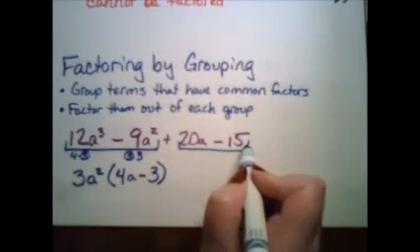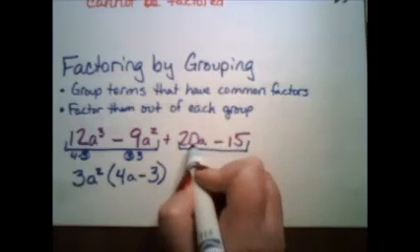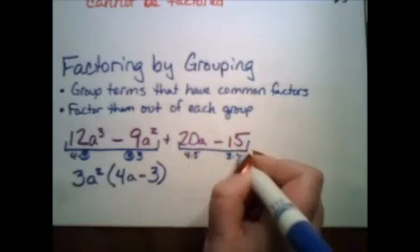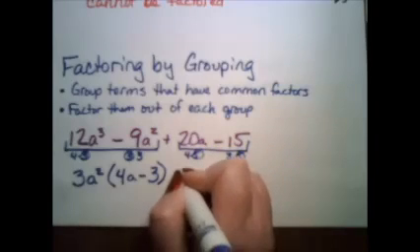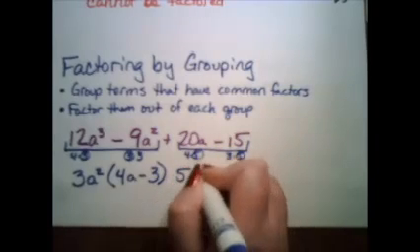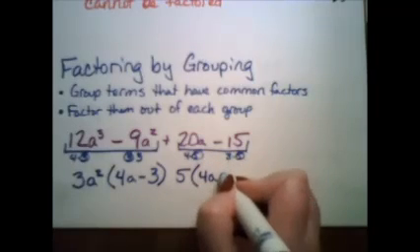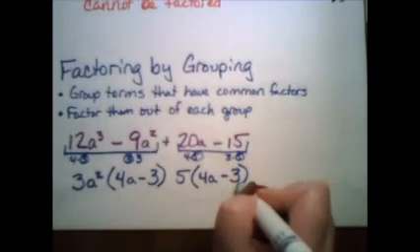Let's see what that gives us here. We don't have any a's we can factor out, but this is 4 times 5 and this is 3 times 5. So if we pull out the 5, then we're going to get 4a minus 3.